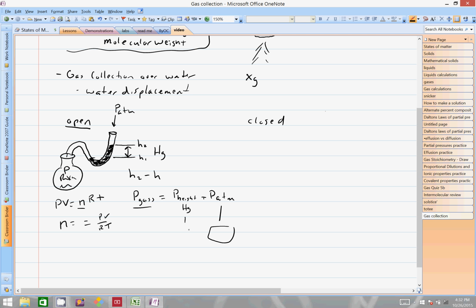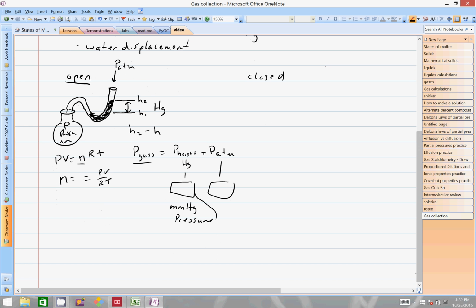You'd have the pressure of the height. Now, if this is in mercury, then millimeters of Hg is one of our forms of pressure. And then you can just plug it in. We're trying to find this guy. So if you had these two values, you just add them together, and you have this pressure.